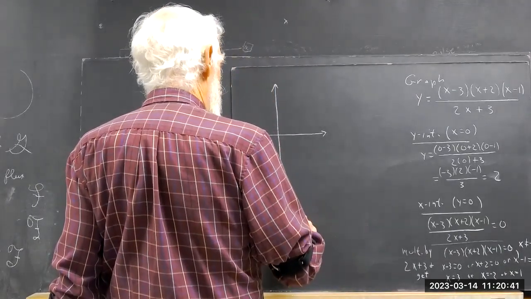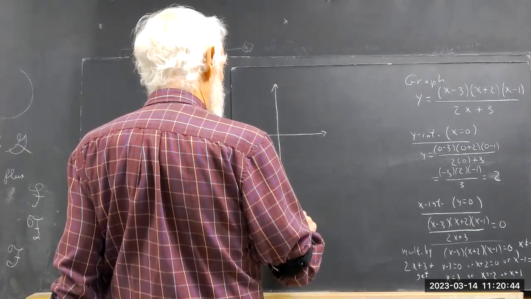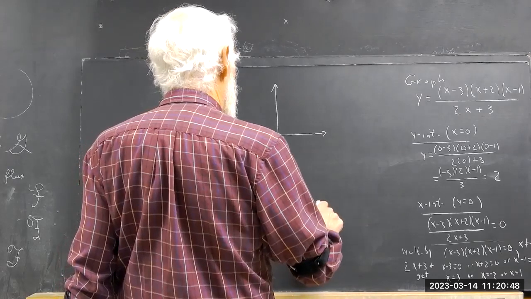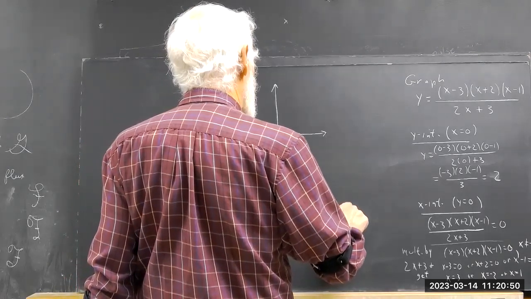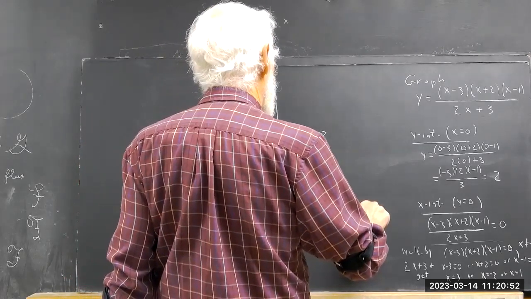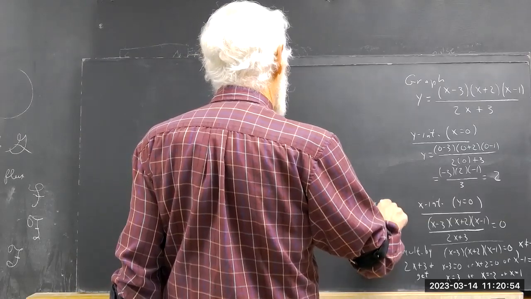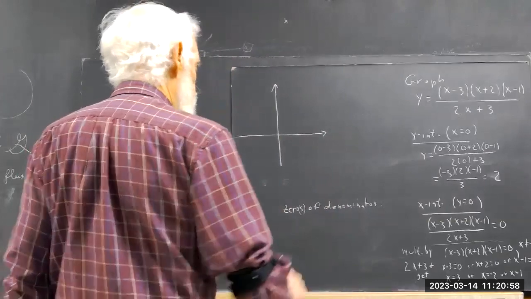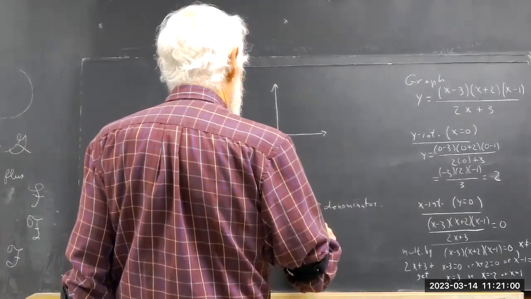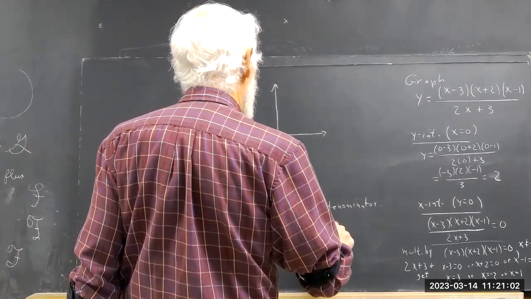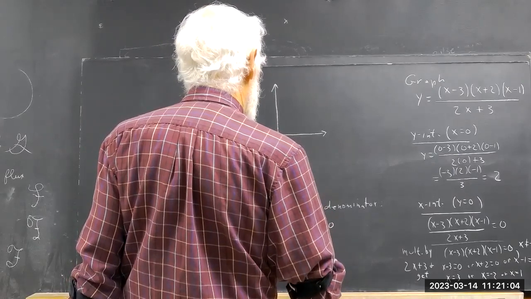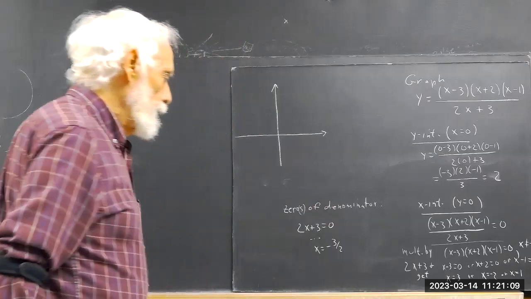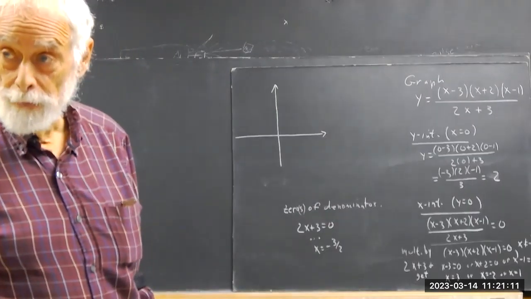Okay, so the zeros of the denominator. Well, we set the denominator equal to 0. We see that occurs when x equals -3/2.